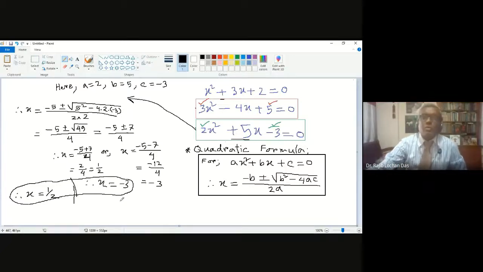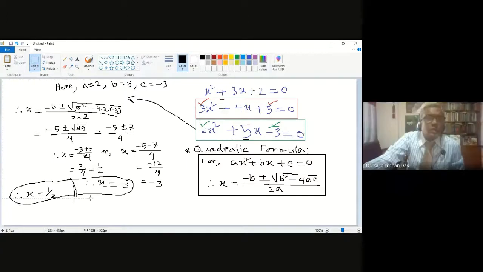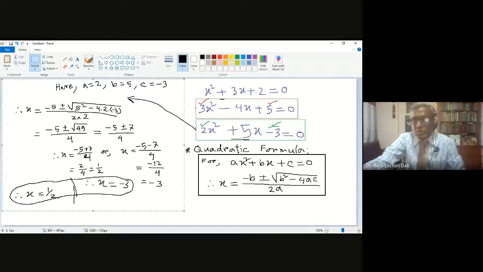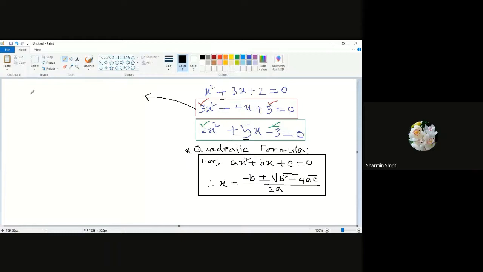Let us now go back to the red color one. Can I erase this? Okay, so let us show the other one, the red color one, and think about A, B, C. For the red color one, what are A, B, C?